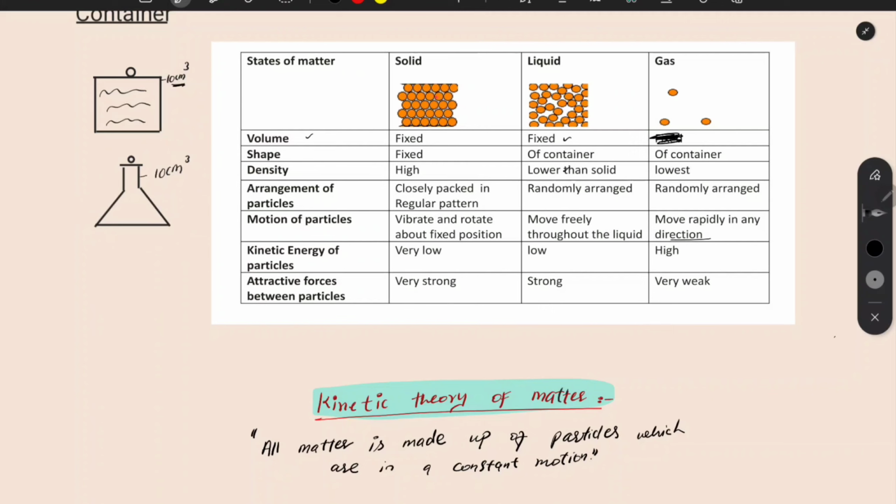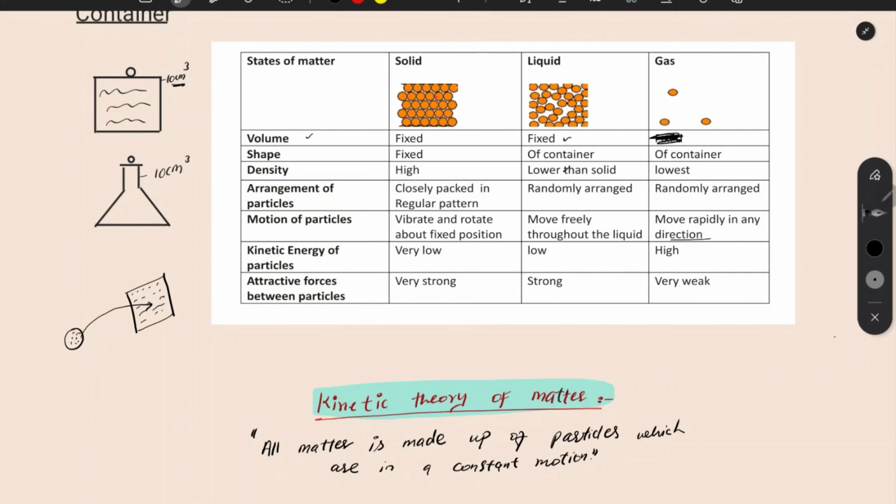If you transfer a gas from a very tiny jar into a larger jar, the volume of the gas will become the volume of that larger jar. So if you transfer a gas from this small container into a comparatively larger container, the volume of gas will become equal to the volume of this container.